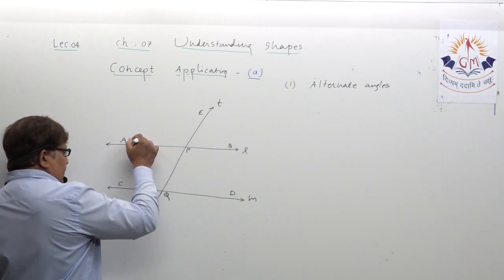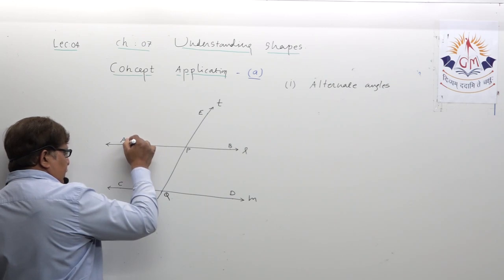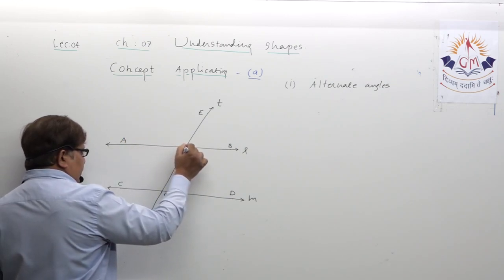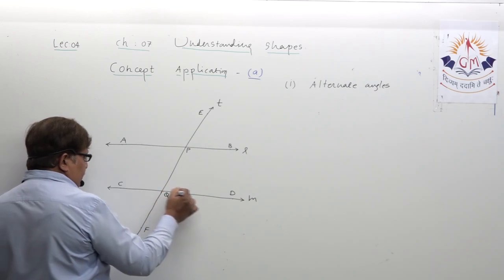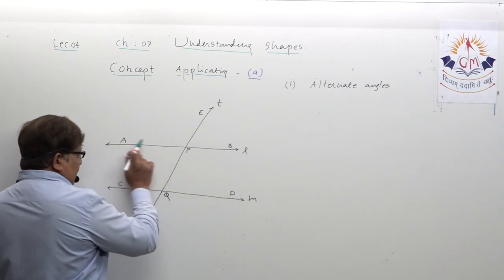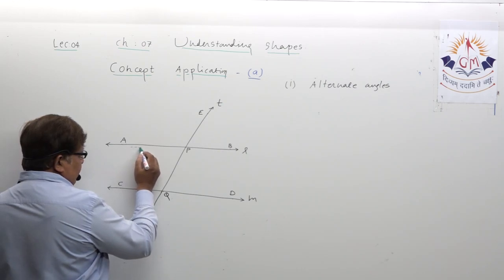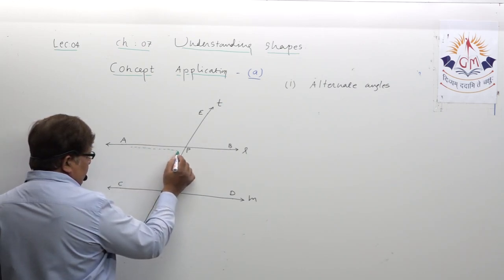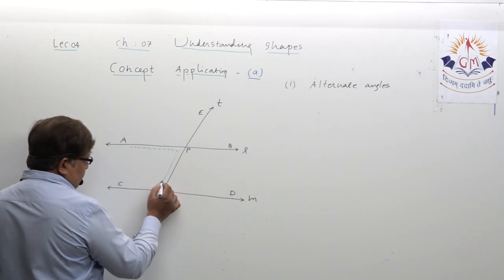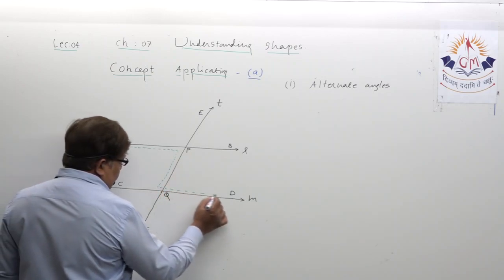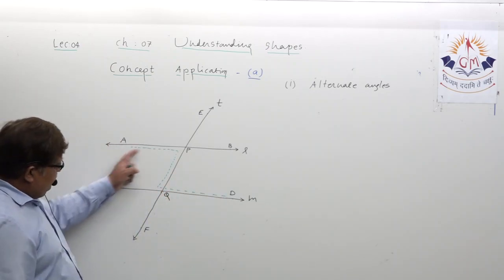See, if I start speaking from here: A, P, Q, D. Are you getting the Z shape here? See, I am just rolling my pen. A, P, Q, D. You got the Z shape?